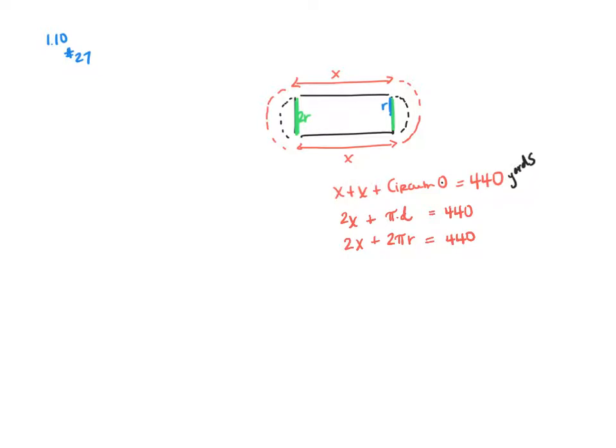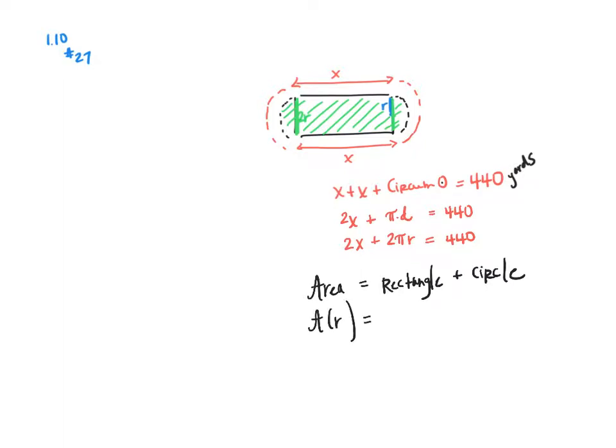Now, what it wants me to do is express the area of the region enclosed by the track. So I'm going to color this all in green. It's actually wanting me to find the area of that grass portion. So the area is going to be a rectangle plus a circle, if you were doing that in words. So I'm going to say A of R is equal to the rectangle.